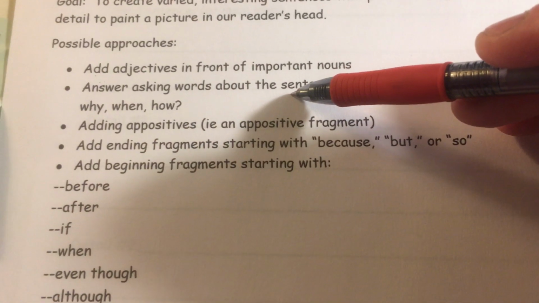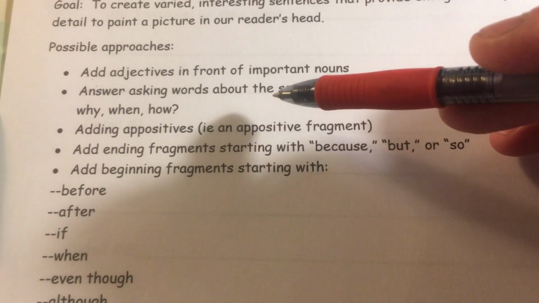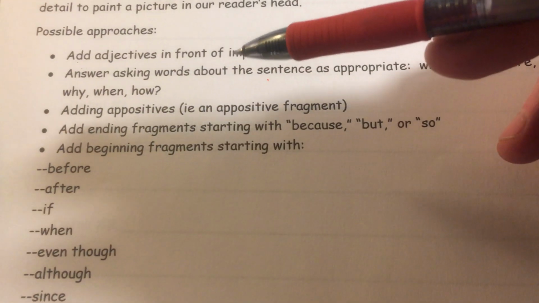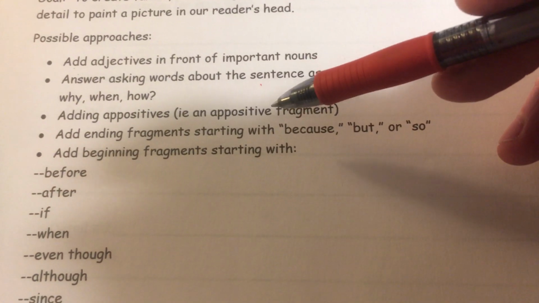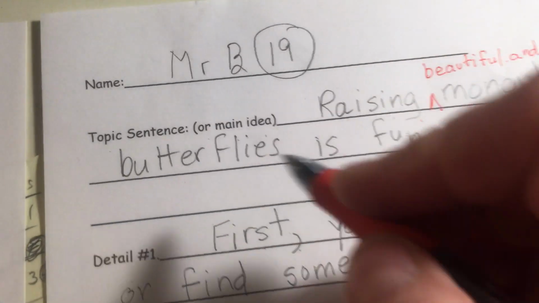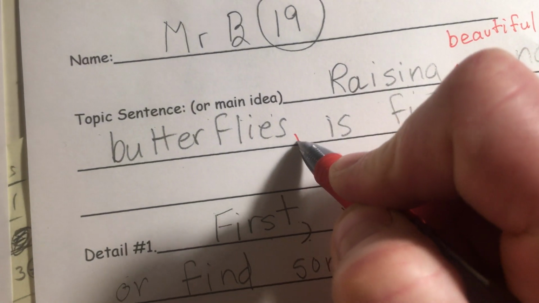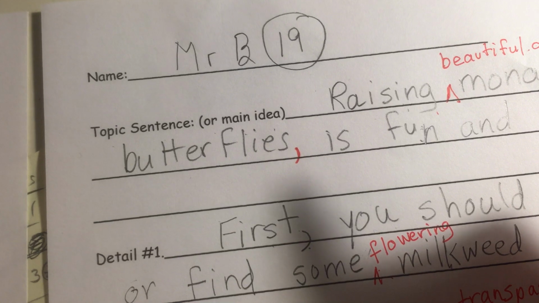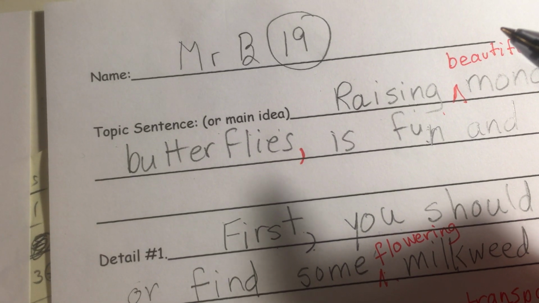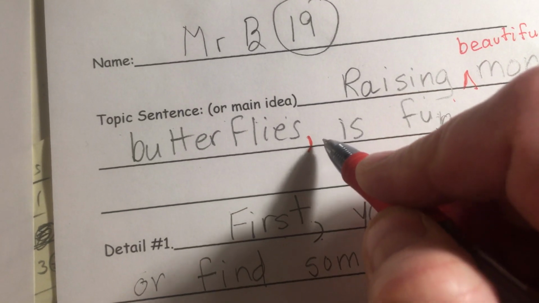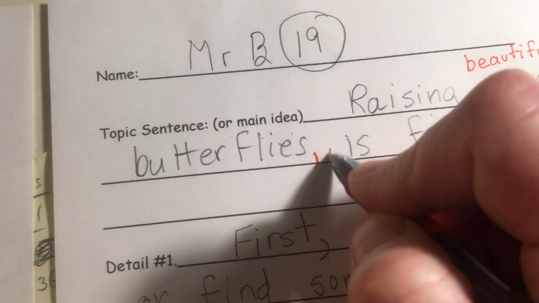So I could do an asking word. I could answer the asking words like who, what, where, when, why, how. I could add in an appositive. How about raising beautiful and healthy monarch butterflies, comma, and then my appositive, I'm going to put up here.